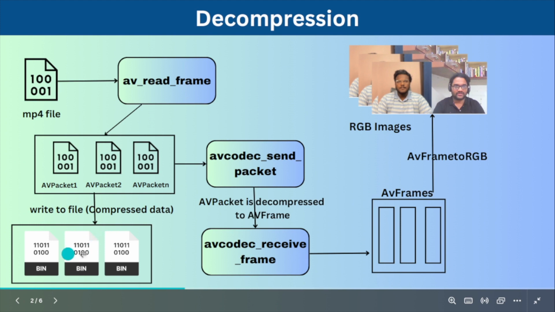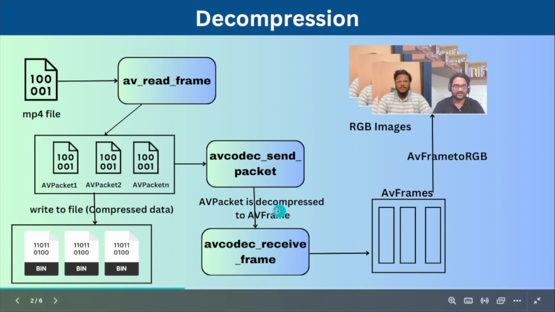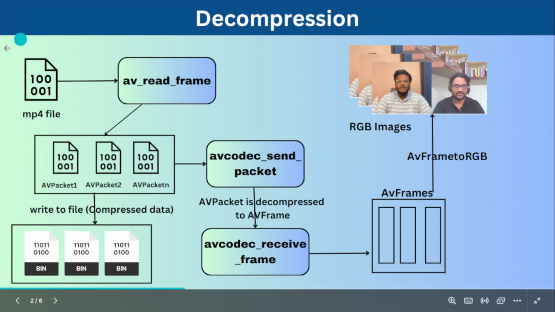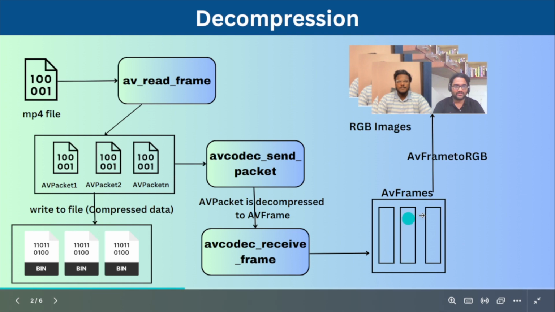Later we send these packets to the API called avcodec_send_packet. Here the compressed data is sent, and avcodec_receive_frame receives the decompressed data called AVFrame. So from the MP4 file, we finally get the frames.